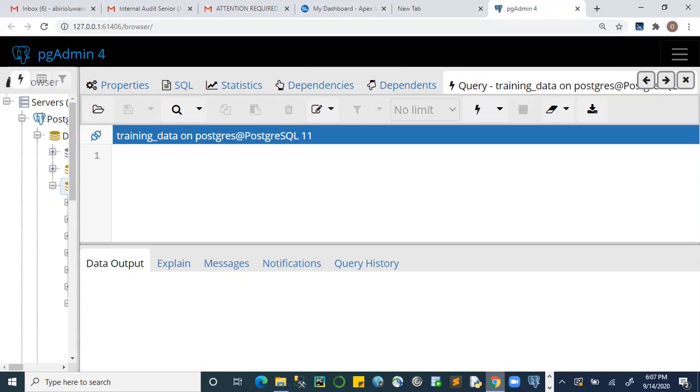Hi guys, in this tutorial we're going to be looking at a different concept in SQL. We've been looking at how to write queries to retrieve data from one table.